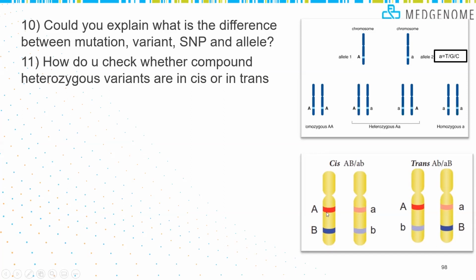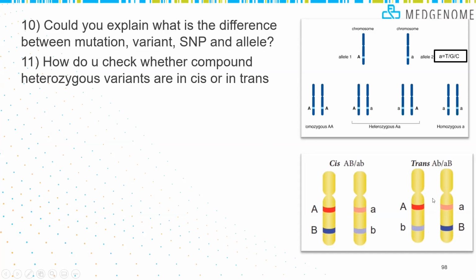So to prove compound heterozygous, we have to see whether, now compound heterozygous would be when the same gene has 2 different variants. So we have to see whether those 2 variants are very close to each other and are coming together. Then they will be in cis, on the same chromosome coming from the same parent. But when in trans, each will be coming from 2 different parents at the same locus.